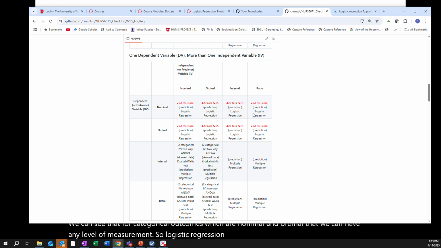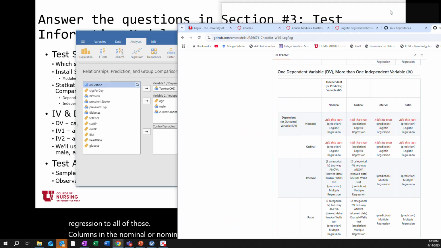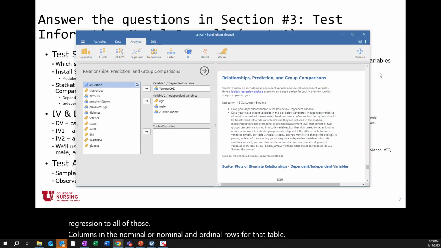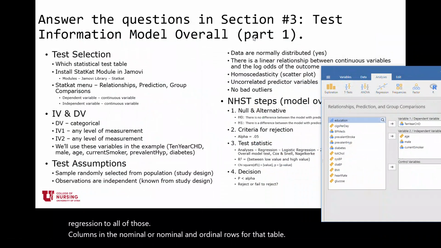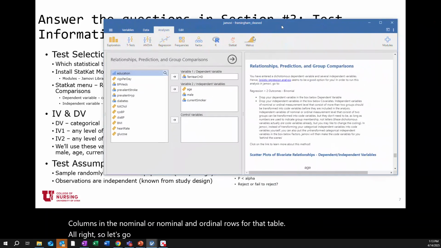You should have added logistic regression to all of those columns in the nominal and ordinal rows for that table. All right, so let's go ahead and run.